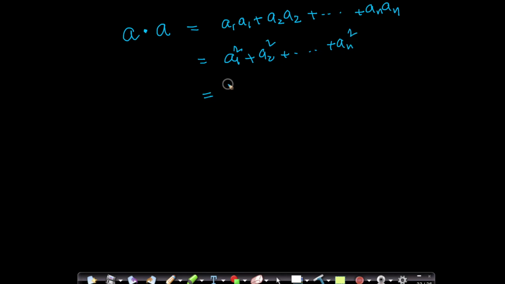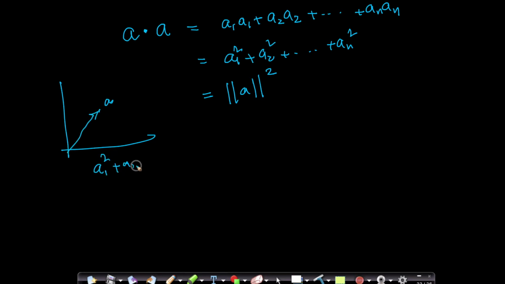And this is nothing but the distance of A from origin squared, right? We know that given any point A, its distance from origin is nothing but A1 square plus A2 square plus so on and so forth, An square under root, right? We know that the distance from origin, D, can be written as this.